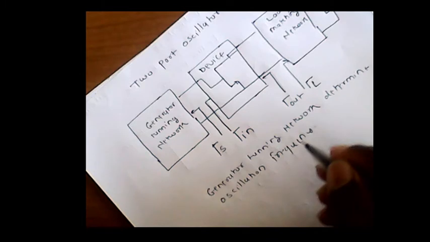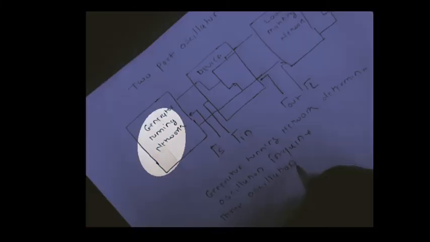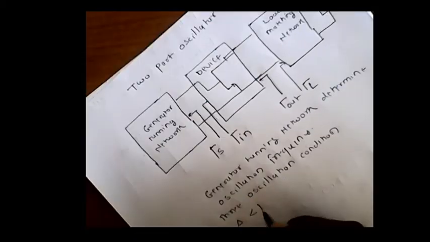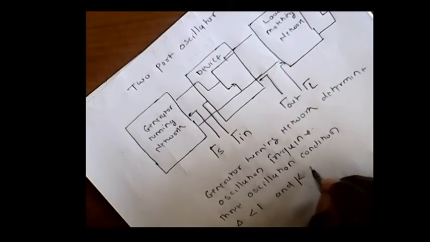There are three conditions to start the oscillation in a two-port network. What are these three conditions? First, delta is less than 1, also K is less than 1. This is the unstable condition.